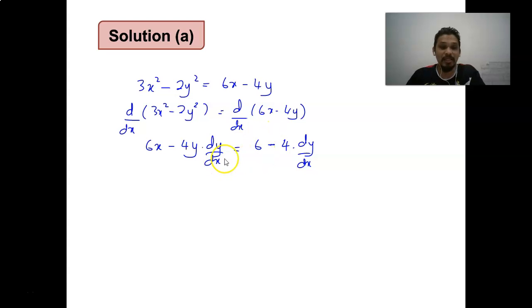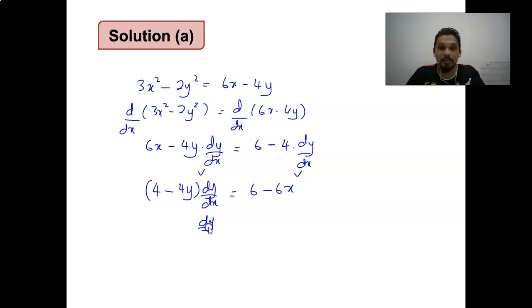Okay, so then we call the terms with dy dx, we put them on the left side here. So negative 4 dy dx brought over becomes 4 minus 4y dy dx equal to 6, and 6x brought to the other side becomes minus 6x.